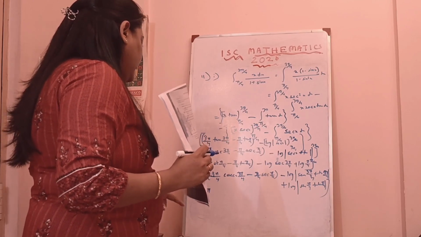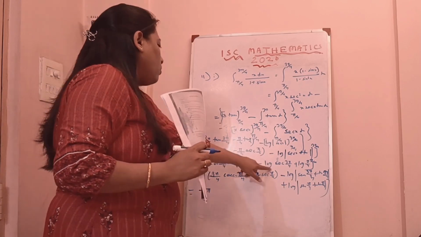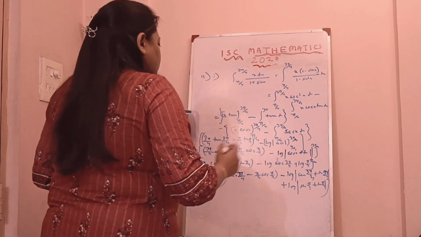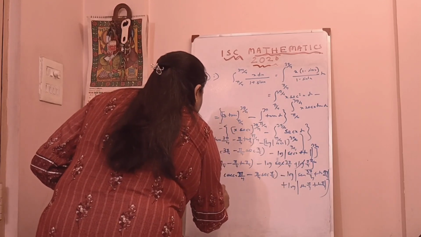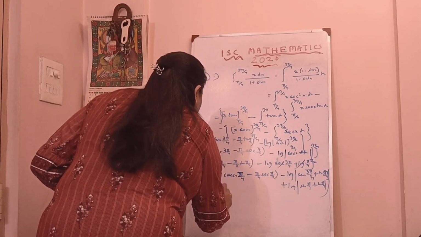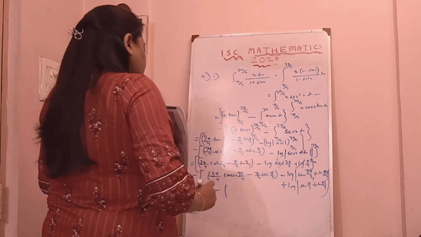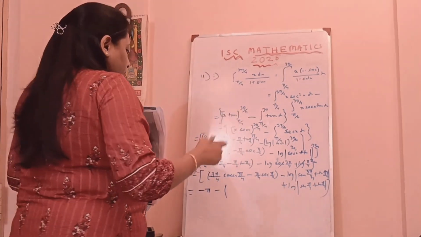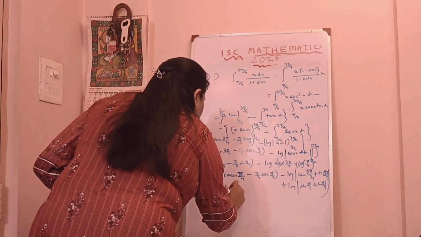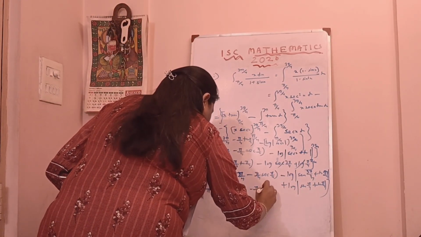Log sec 3 pi by 4 means minus log cosec pi by 4. Log cosec is the same value, so this is cancelled. And this part is minus 3 pi by 4 cosec pi by 4. Cosec pi by 4 means the reciprocal of sin pi by 4, which is 1 by root 2, so cosec pi by 4 is root 2. So this is minus 3 pi by 4 root 2 minus pi by 4 root 2.